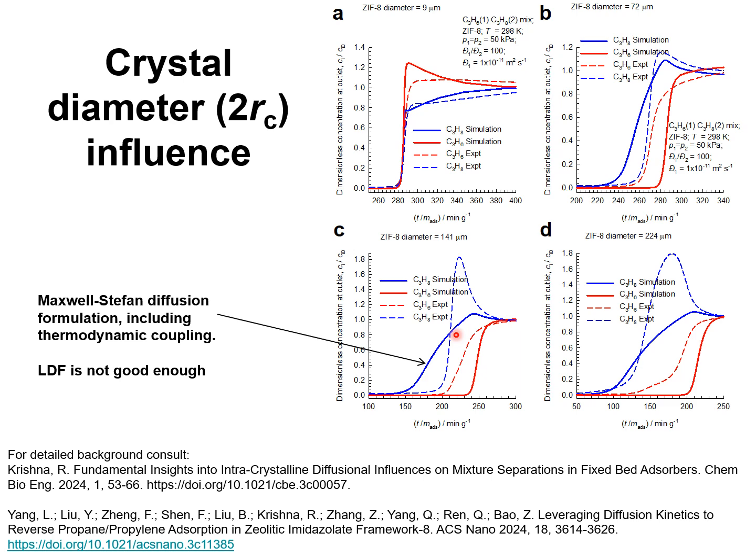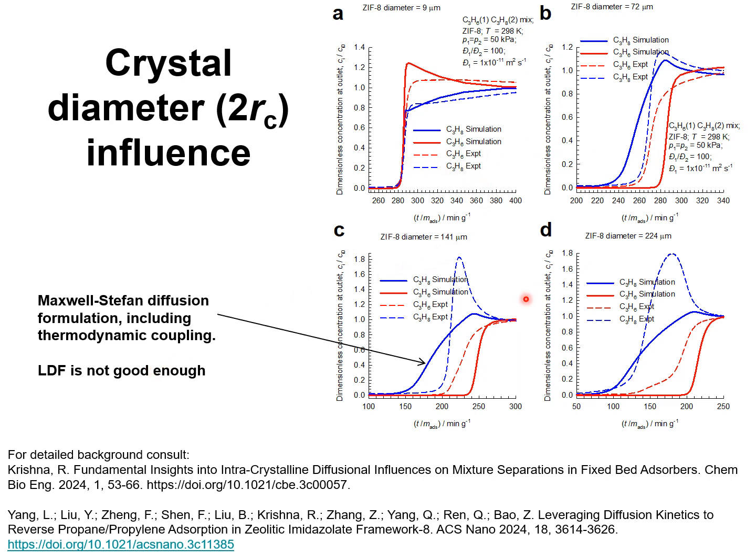This model uses the Maxwell-Stefan diffusion formulation, taking due account of thermodynamic coupling. I also demonstrate in my paper that the LDF model is just not good enough to describe breakthroughs for kinetic separations.